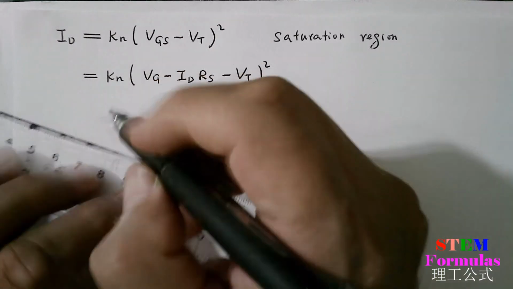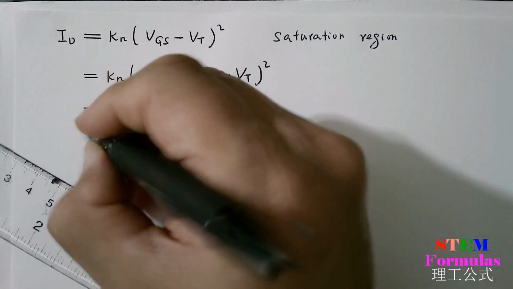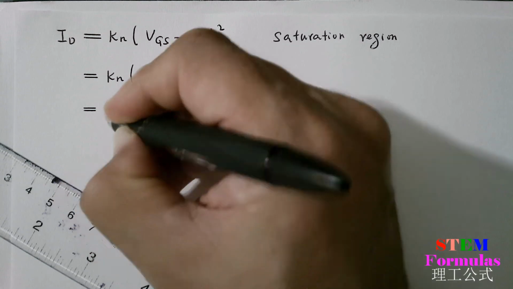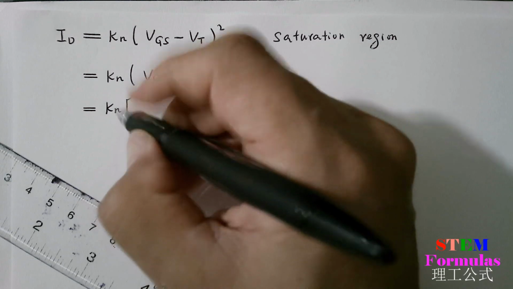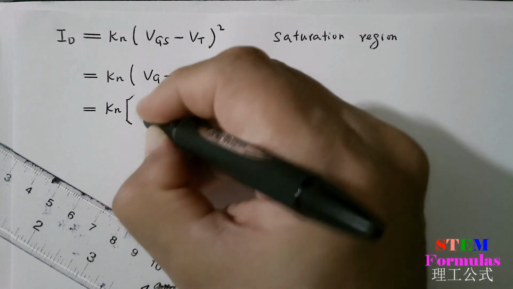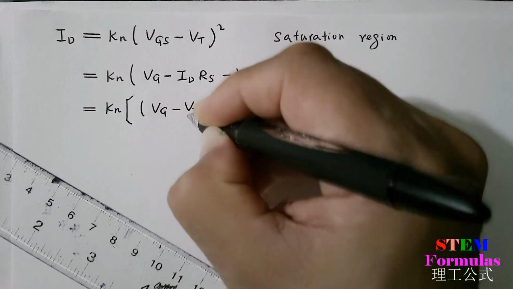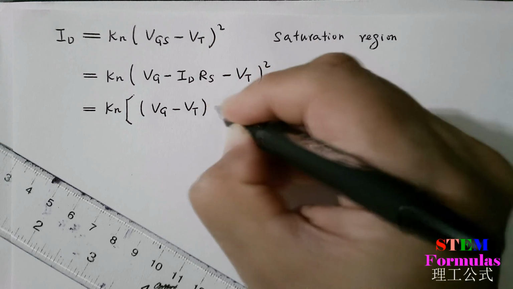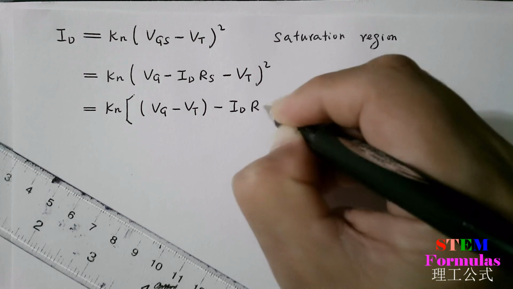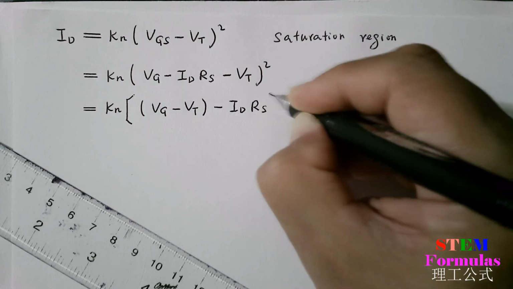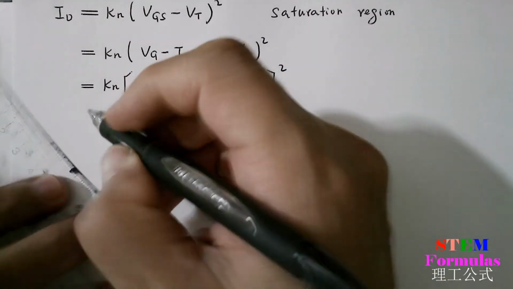Now I can write this as Kn times the square bracket VG minus VT minus ID RS, bracket squared.